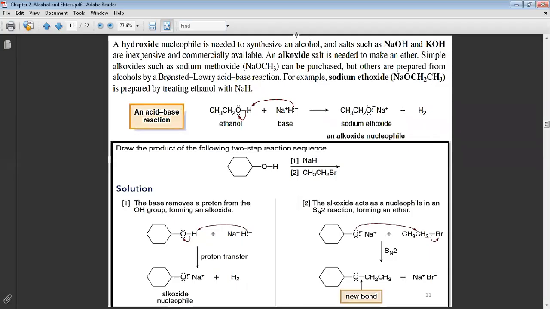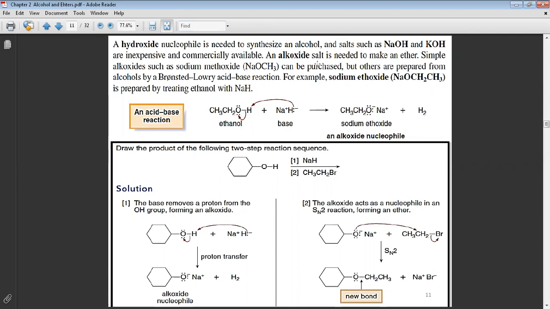And salts such as NaOH and KOH are inexpensive and commercially available, meaning they are readily available. And an alkoxide salt is needed to make an ether.